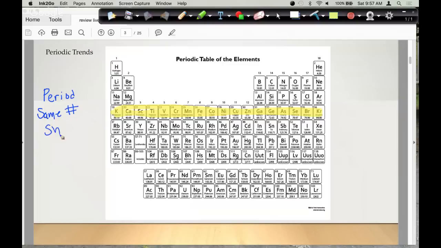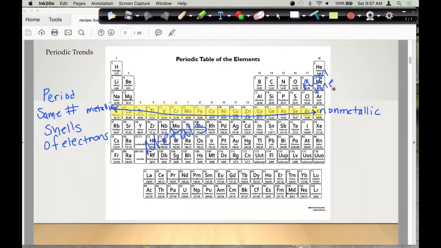As you go across a period, you go from more metallic to more non-metallic. That's because our metals are on the lower left-hand side here, and our nonmetals are on the upper right.